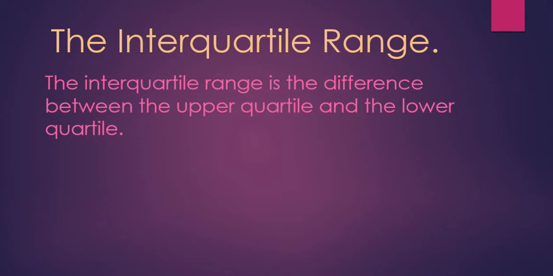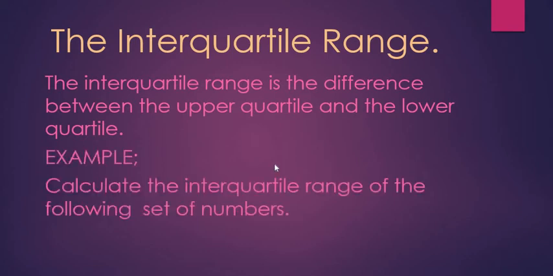Let's look at an example to explain the lower quartile and the upper quartile, and from that we'll calculate the interquartile range. Our example says, calculate the interquartile range of the following set of numbers. The numbers are 6, 3, 2, 4, 5, and 9.